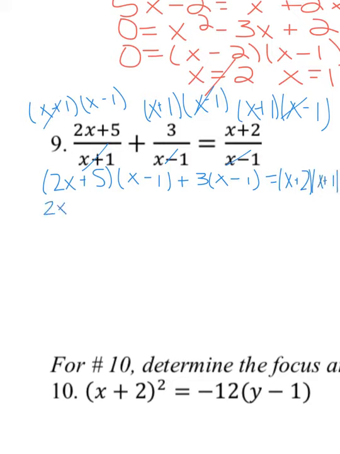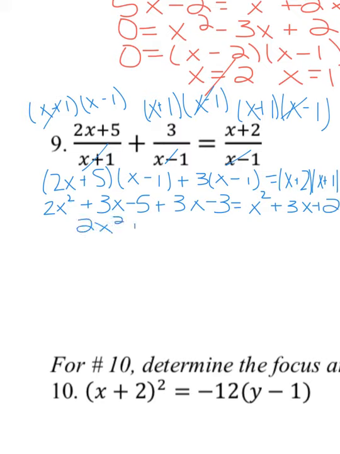So this is 2x squared minus 2x plus 5x is plus 3x minus 5 plus 3x minus 3 equals x squared plus 3x plus 2 after I double distribute. 2x squared plus 6x minus 8 equals x squared plus 3x plus 2. Set it equal to 0.